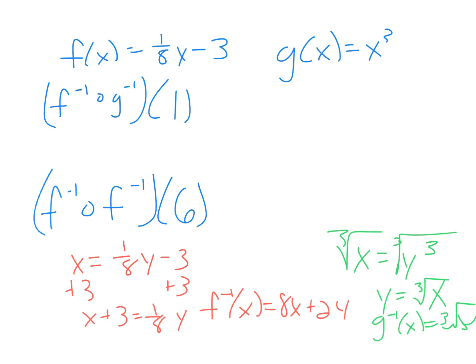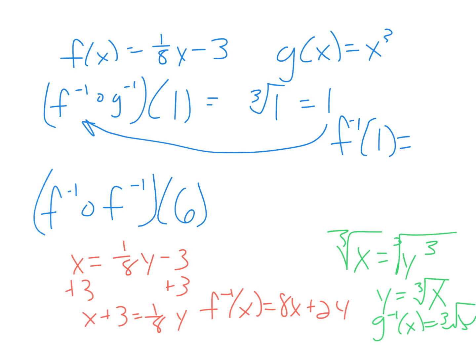That's going to get us the cube root of 1, which is 1. So we're putting 1 into the inverse of f function. So f inverse of 1 is equal to 8 times 1 plus 24. 1 times 8 is 8, plus 24 is 32. So the answer to that one is 32.